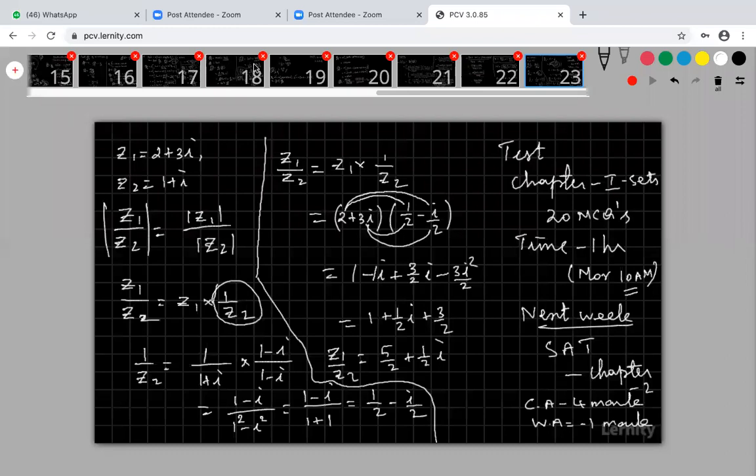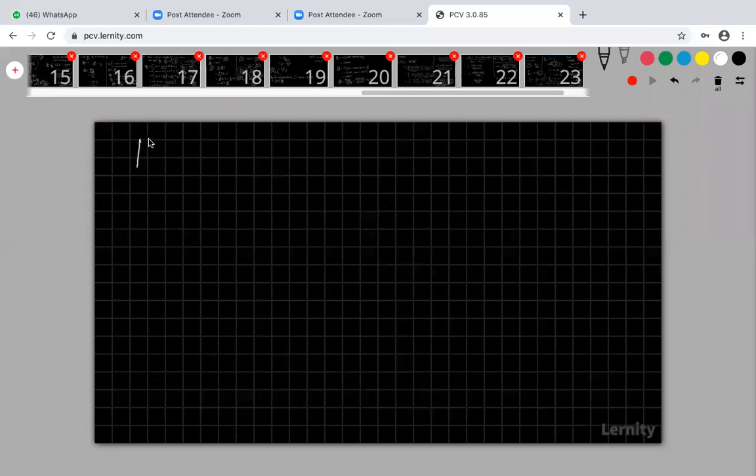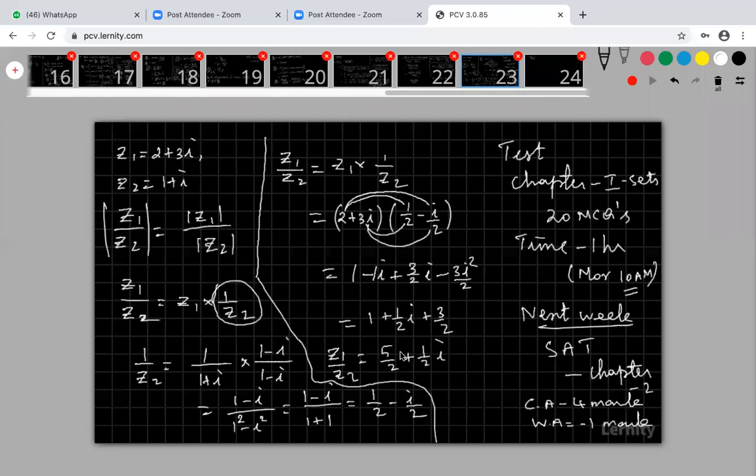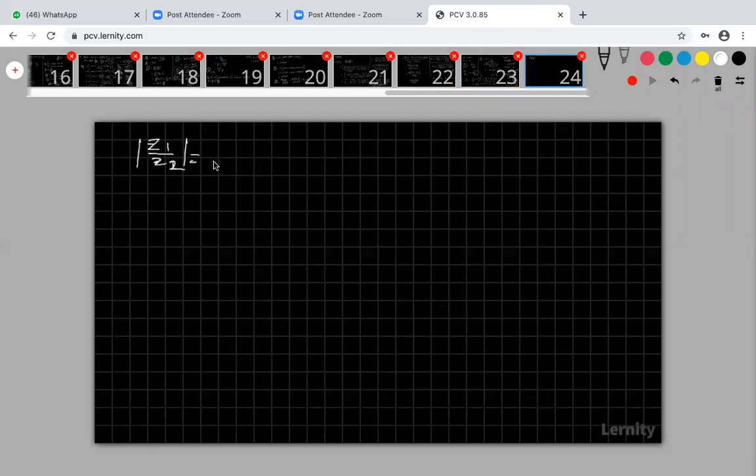Right. So now come to that modulus. The modulus of Z1 by Z2 is equal to the root of (5/2) whole square plus (1/2) whole square, that is, real part square plus imaginary part square.